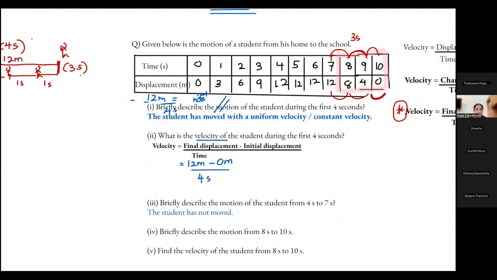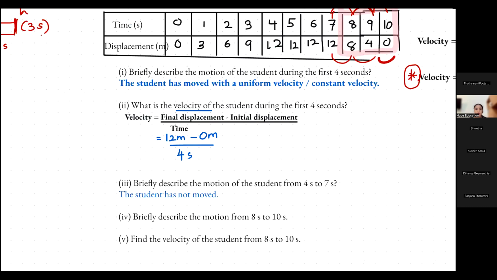Wait, let me just fix this part. When you touch the screen, be careful, because the board also moves. Now I think I fixed it, so now it won't be a problem.